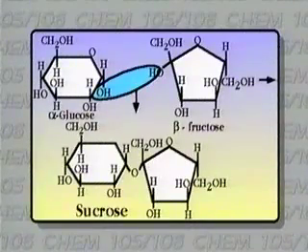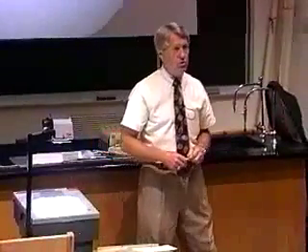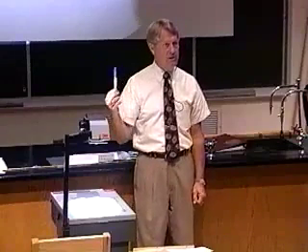Now, we'll talk a little bit about the digestion of carbohydrates in just a little bit, but our body can only absorb monosaccharides. As far as putting energy into the bloodstream that can be taken to cells and used, it has to be in the form of a monosaccharide.